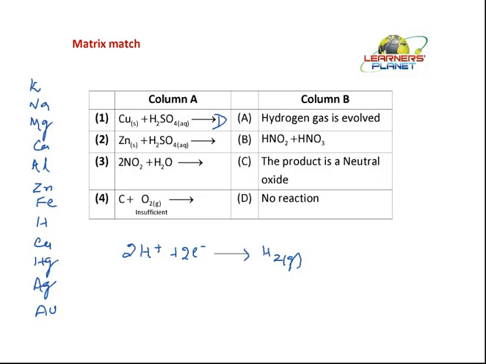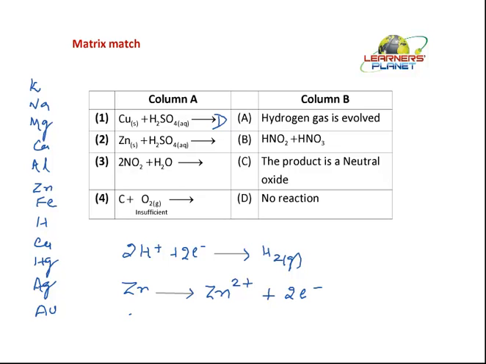Now moving to the next, zinc solid with sulfuric acid. Again refer to the reactivity series. Now in this case, zinc is lying above hydrogen in the reactivity series. So what can zinc do? Zinc can lose 2 electrons, and what it can form is Zn2+ ions and 2 electrons.